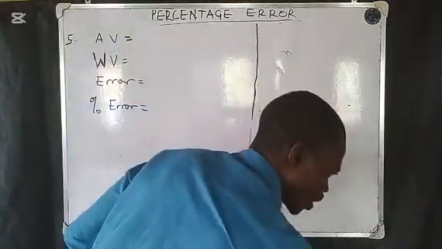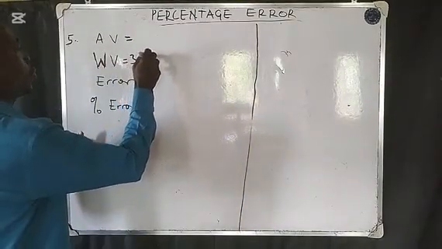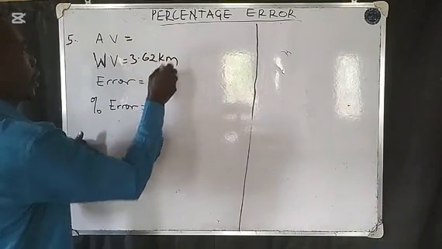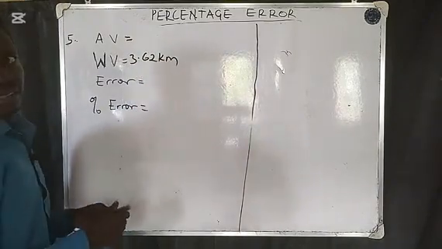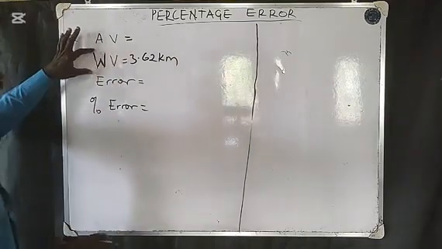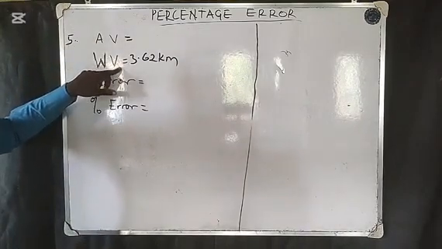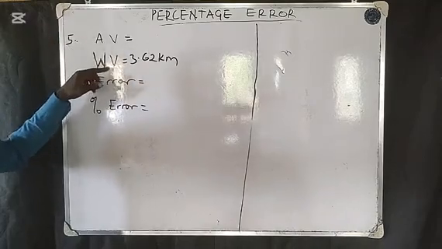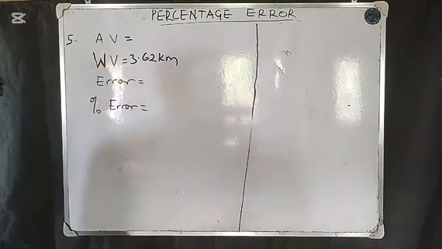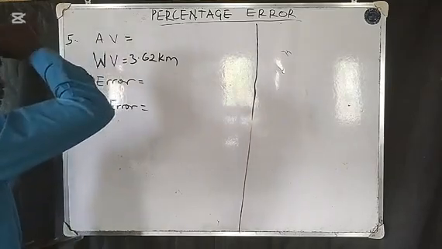That is likely to be the wrong value. 3.62 kilometers, right? If this is more than, that is, he overestimated now. The previous one underestimated. This one was overestimated. So it's more than the actual value. That's what they are saying now.